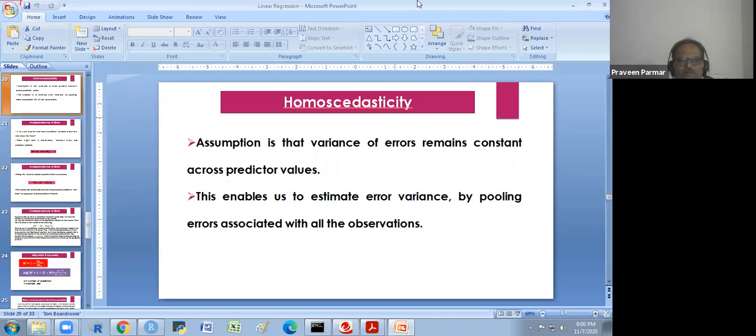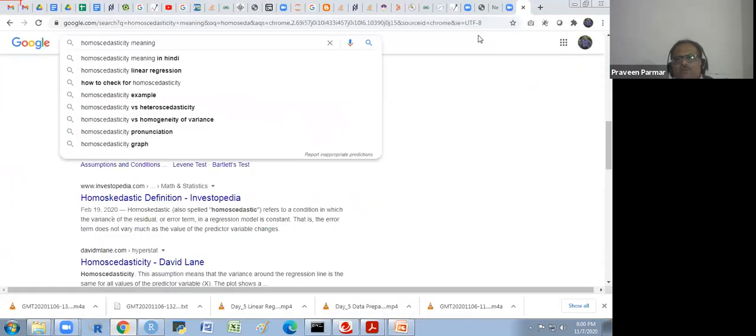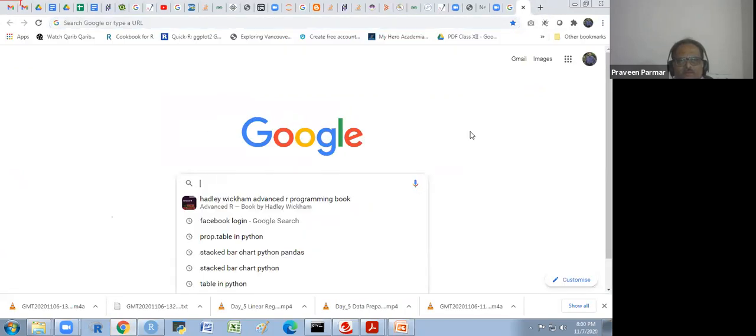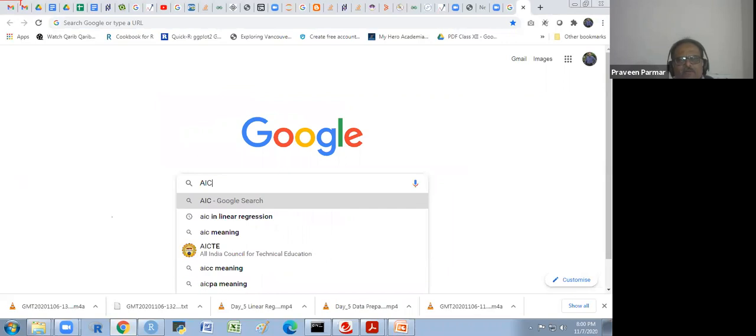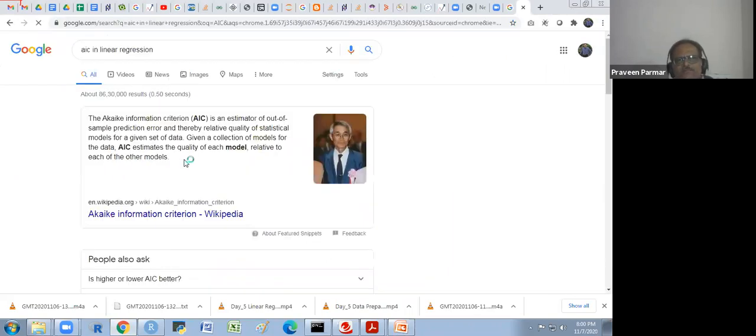Somebody asked me about the AIC, so I will show you the AIC. I have some literature, but I don't want to search here, so I just searched on the internet. It is the Akaike information criterion, an estimator developed by a Japanese statistician. It estimates out-of-sample prediction error and thereby the relative quality of statistical models for a given set of data.